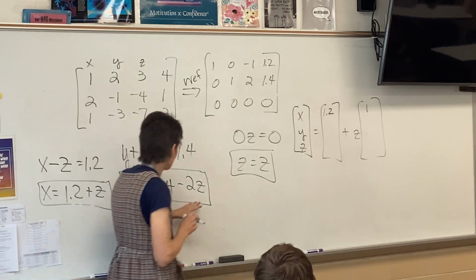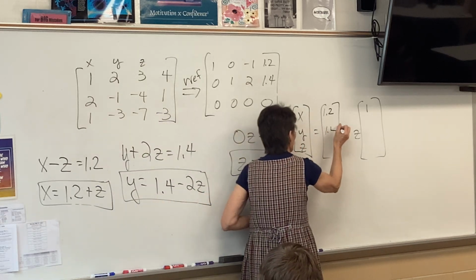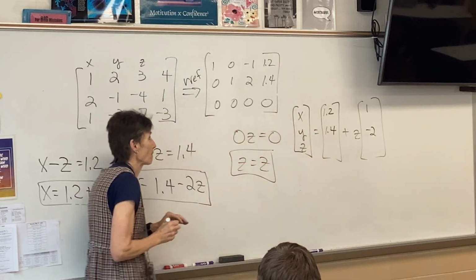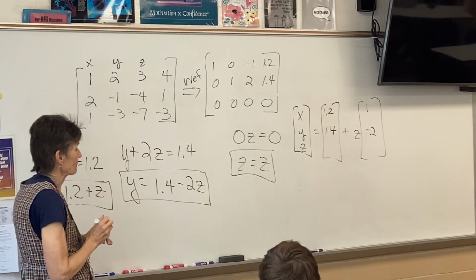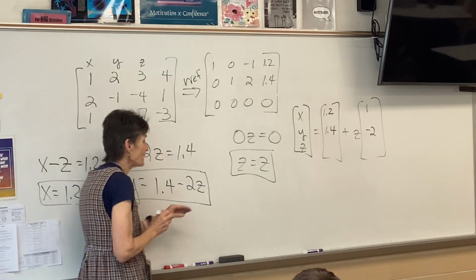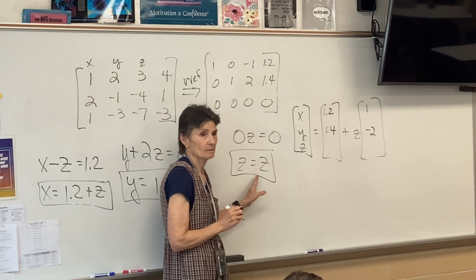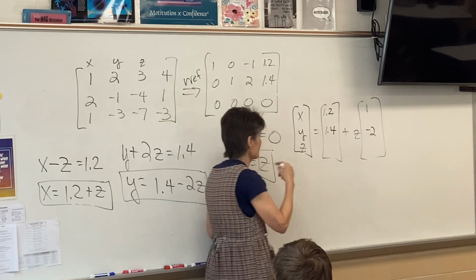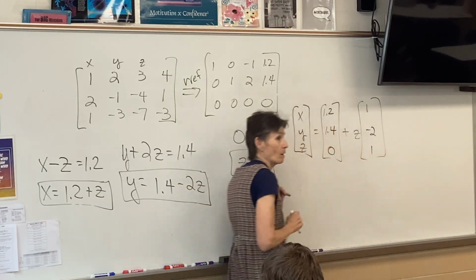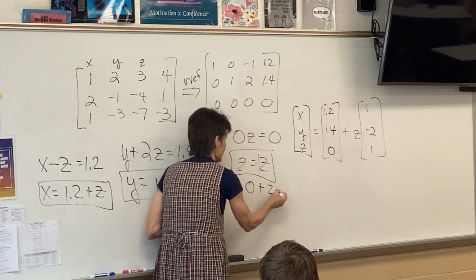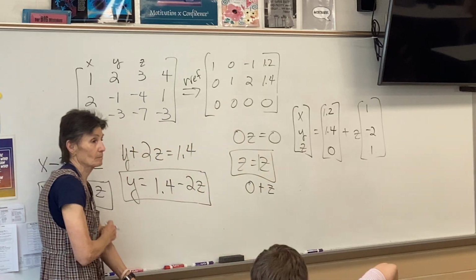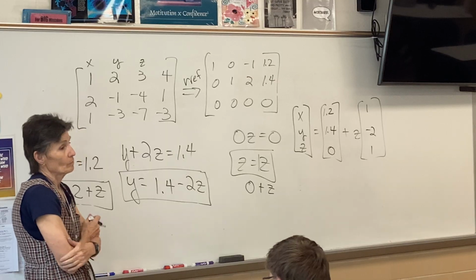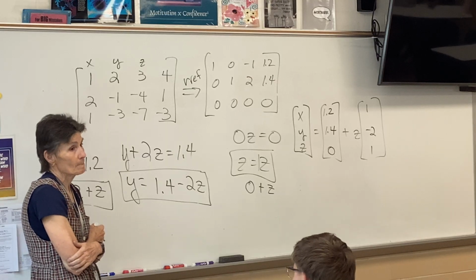And Y's number is 1.4 and his Z is -2. What is Z's number? No. He's got one Z, but his number is 0. This is 0 plus Z. Wow. That's a bummer.